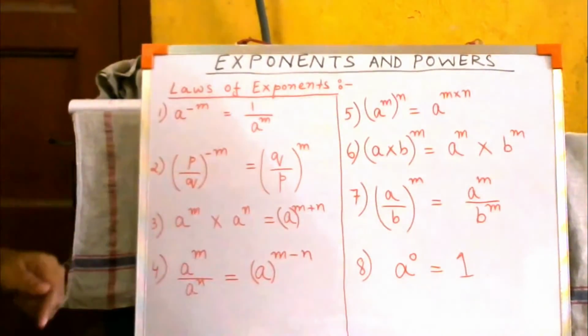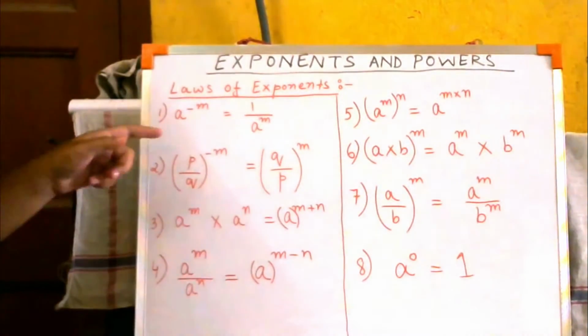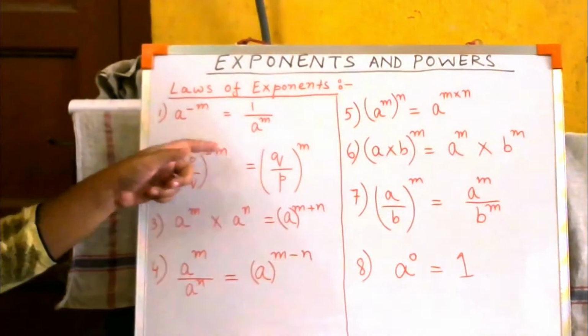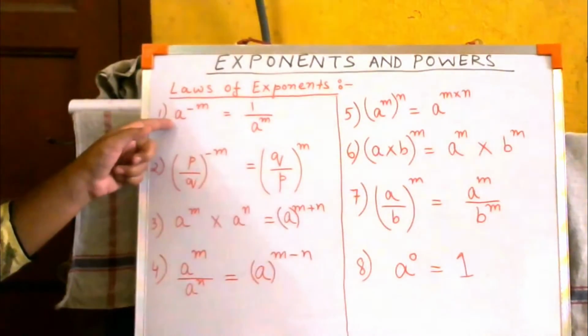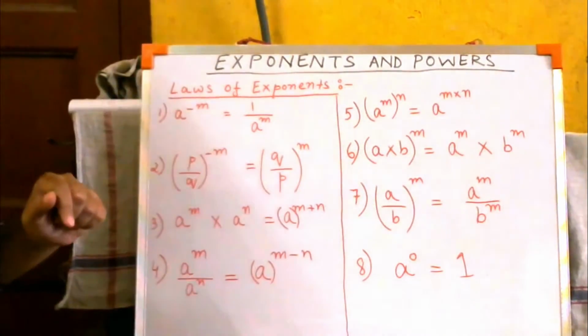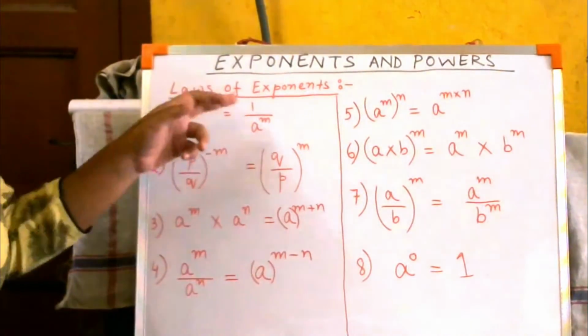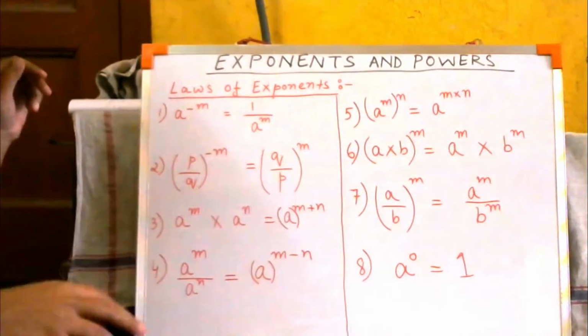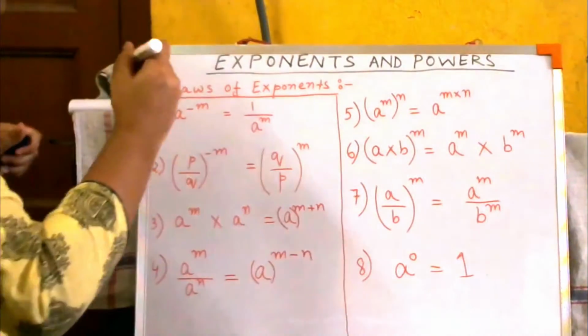Now the next law of exponent is, what if there are 2 digits in division form and the power is negative? Over here the base was just a single digit, and on top of that digit there was a minus power. That time we knew that 1 by that number is going to give me the positive power. Now by mistake do not put the power on top of this.